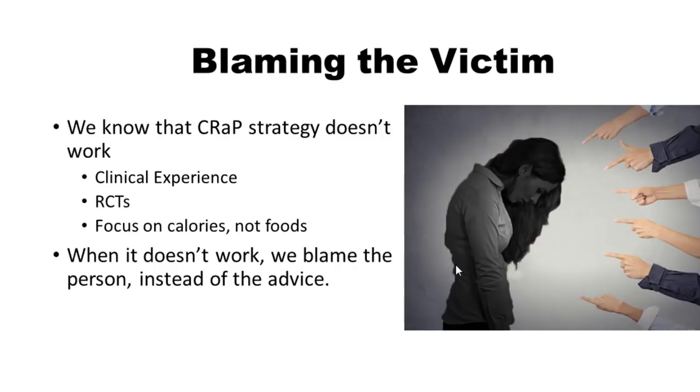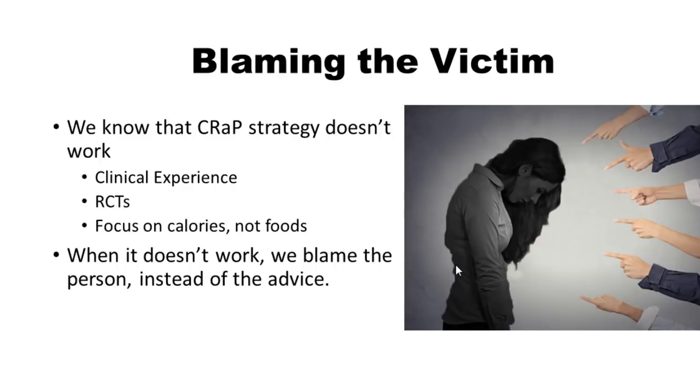And the problem with this sort of caloric reduction as primary strategy is that what you wind up doing is just blaming the victim, right? The person who takes the advice, which we know is ineffective, now suffers from the obesity, then you blame them for that obesity. You blame them because, hey, it means you don't have any willpower. Not that the advice is bad, right? Because we gave a certain advice and they took it and it didn't work.